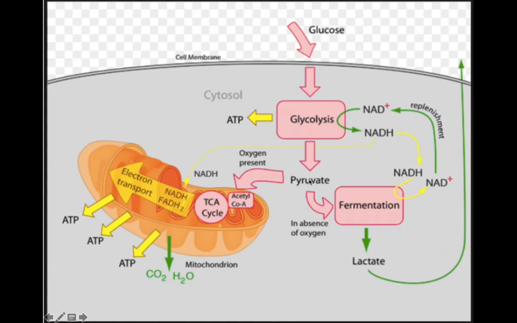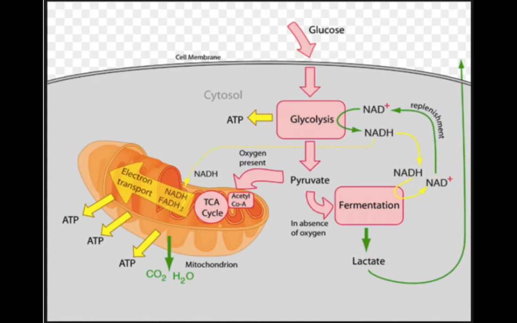If pyruvate is there, but there's not enough oxygen, then the pyruvate is converted to lactic acid. This is what happens when someone's exercising and they get out of breath and don't have enough oxygen, their muscles start burning. That's the lactic acid. That's the burn that many people feel. The lactic acid is just another type of sugar.